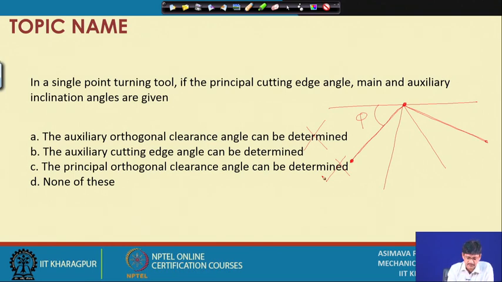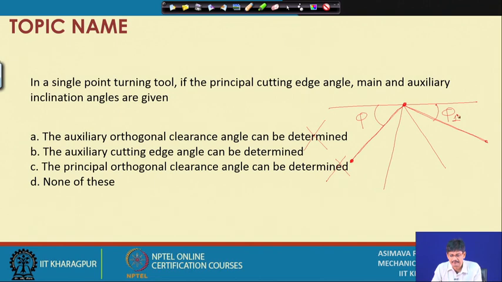So, now comes this one, auxiliary cutting edge angle. Auxiliary cutting edge angle is this one, let me draw it. Phi 1. Suppose we know the auxiliary cutting edge angle.